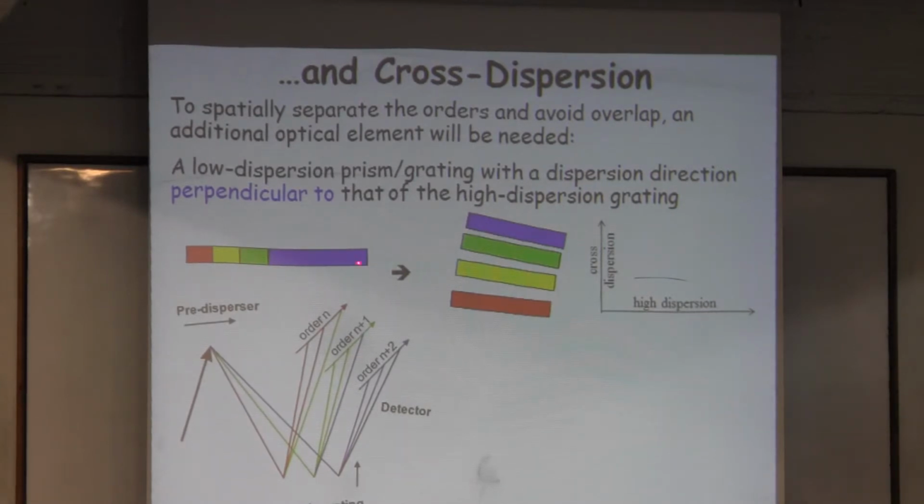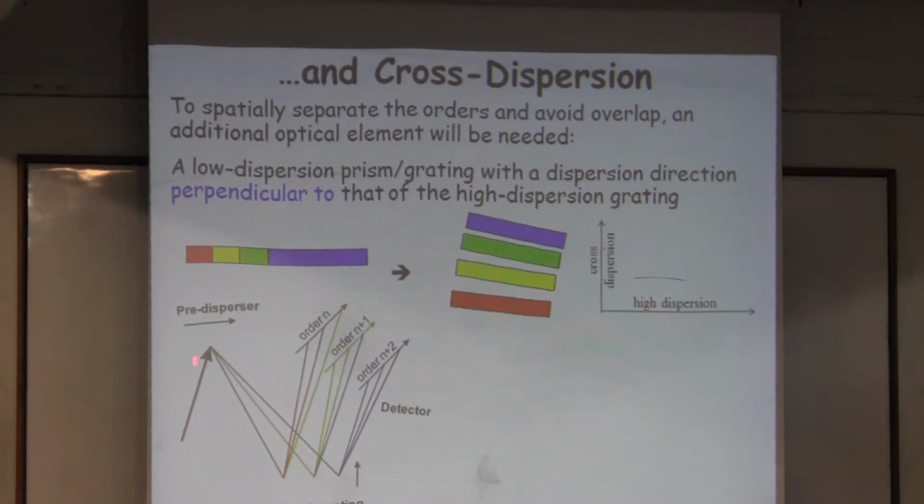And the way to solve this is by adding another dispersing element, like a prism, just before that. And that element is rotated 90 degrees with respect to the dispersion direction. So you have a so-called pre-dispersion. Again, we said there is a very tiny spectral delta lambda in this direction here.